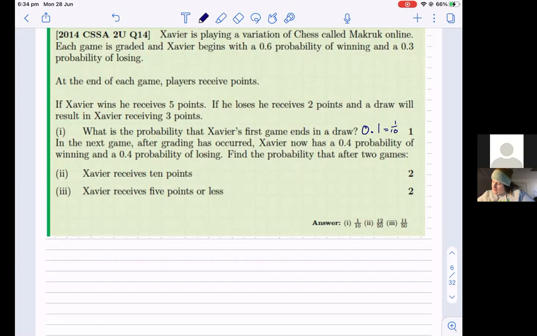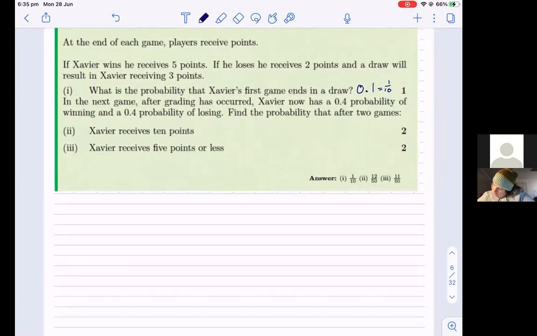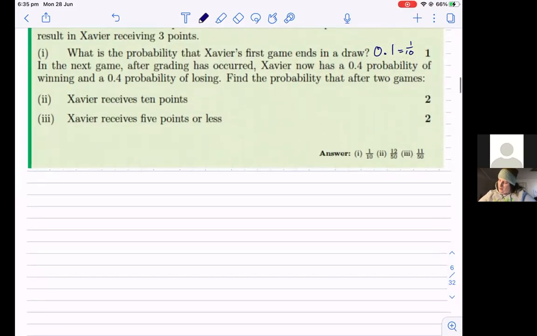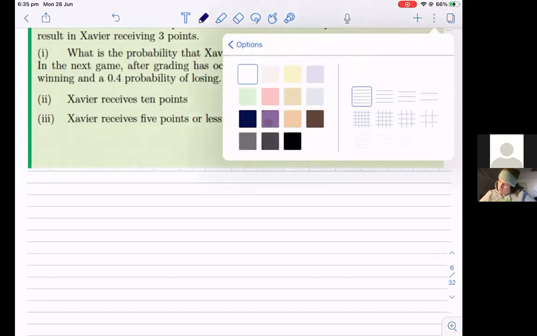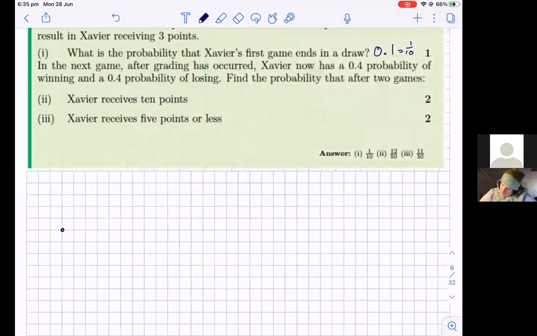Okay, in the next game, after grading has occurred, Xavier now has a 0.4 probability of winning and a 0.4 probability of losing. Find the probability after 2 games that he gets this many points. Tree diagrams are our friends. So let me just get some grid paper. For the first game, he could win, draw, or lose.